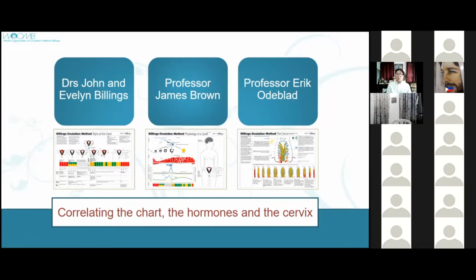Hormones, done by Professor James Brown. And the study of the cervix is coming from Professor Eric Odeblood. So the three, the chart, hormones, and the cervix, are correlated in order for us to have an understanding of the female reproductive system in relation to what? In relation to fertility and infertility.